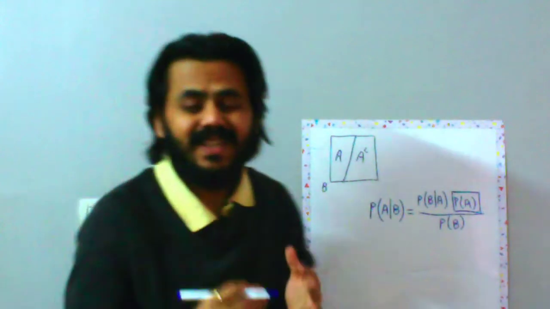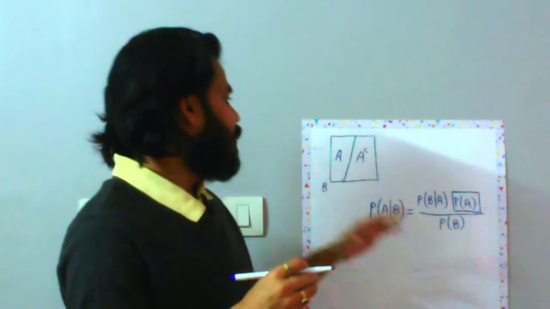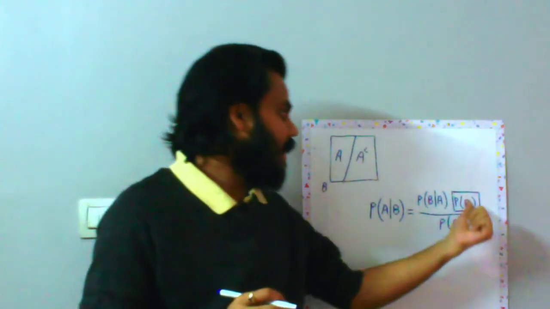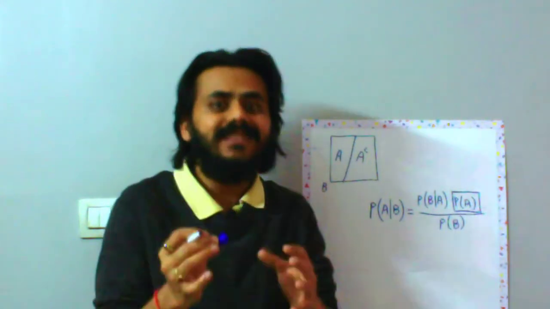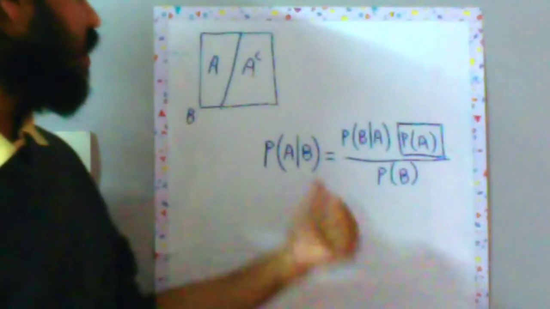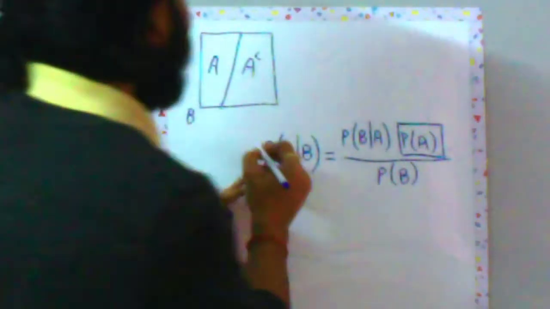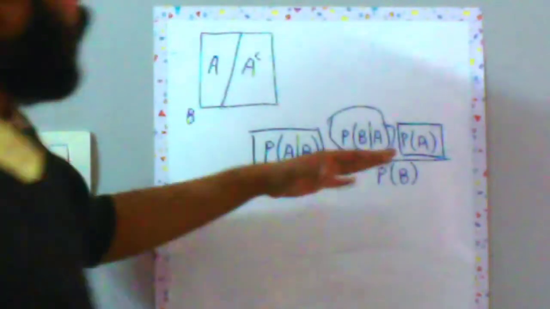Prior means your probability of A before observing whether B has occurred. So your P(A) is without seeing the data, and when you see that B has occurred, you have seen the data. So this is your posterior probability, the probability of A given you have seen the data, and the remaining term is your likelihood.